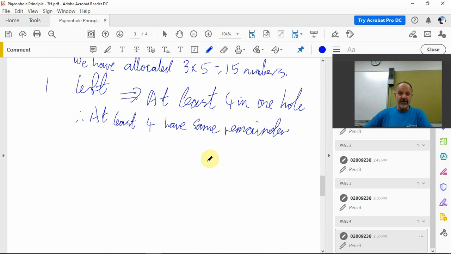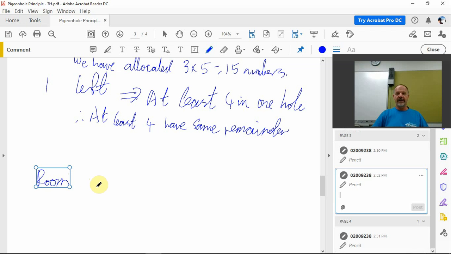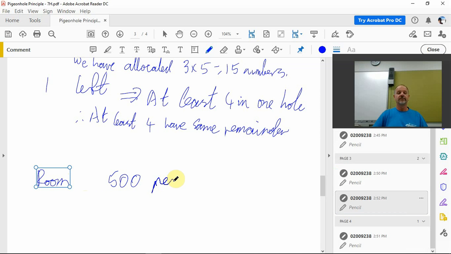It's more intuitive than looking at any specific thing, but you can do things like, say, for example, if you're in a room in a lecture or a conference and you have 500 people in it, you can confidently say that at least 2 of those people have the same birthday.